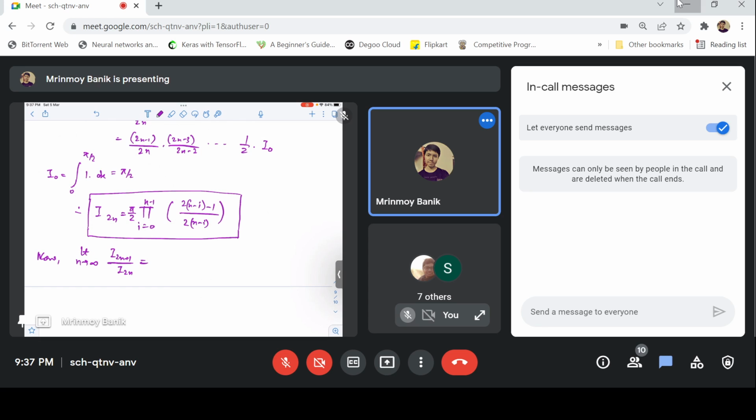Does it matter? (n+1)/n. So if a sequence converges to something, does its reciprocal also converge to that thing?